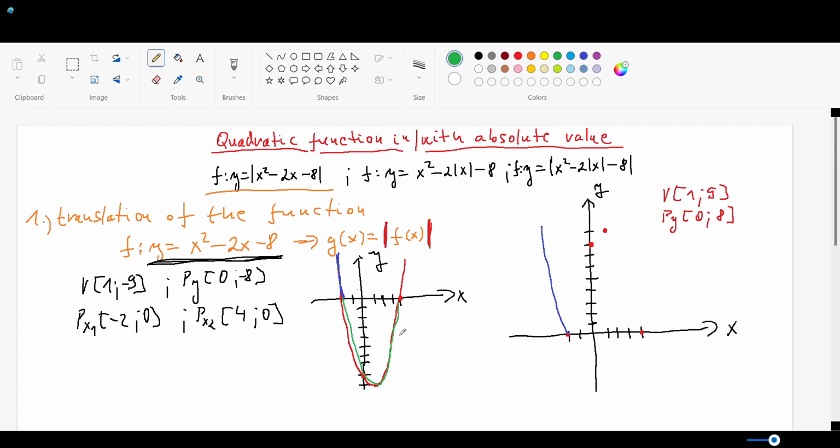Now this part of the parabola, as I explained before, will be reflected over the x-axis, and it will become something like this, okay. And this part of the parabola will also remain the same, so it will look like this, okay.